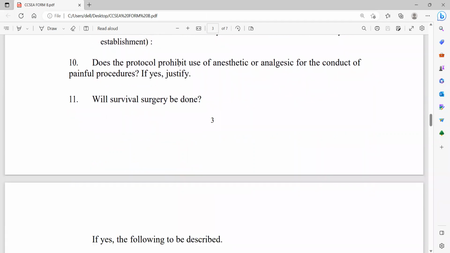Then, does the protocol prohibit use of anesthesia or analgesia for the conduct of painful procedures? So, if you are doing the experiments and administration of anesthesia or analgesia is prohibited in the procedure, then you have to justify why, and how you are going to handle it.